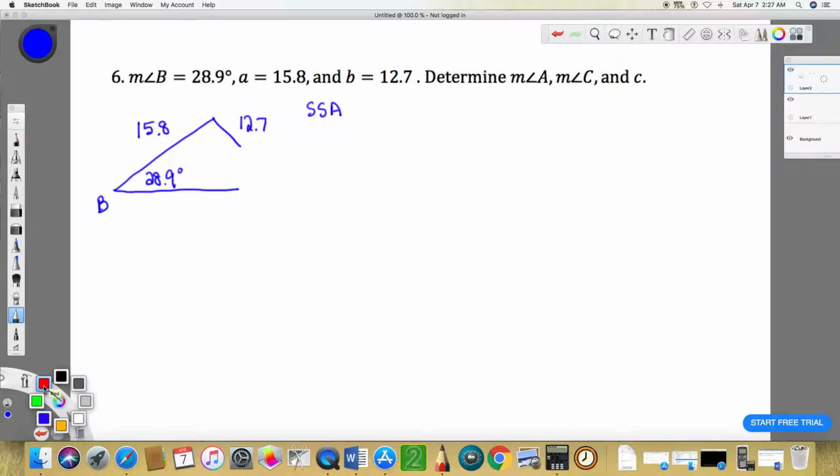I need to find the height of that vertex because I don't know if 12.7 is long enough to reach this other side. So let's call that H. If we take the sine of 28.9 degrees, it's the opposite leg over the hypotenuse. If we multiply both sides by 15.8, we can find this height.